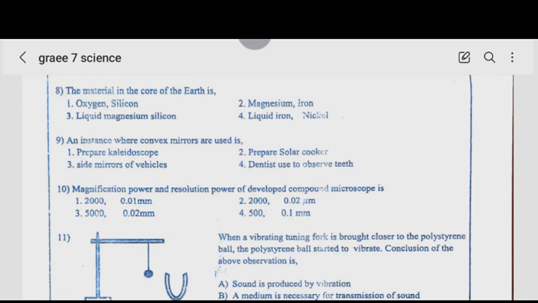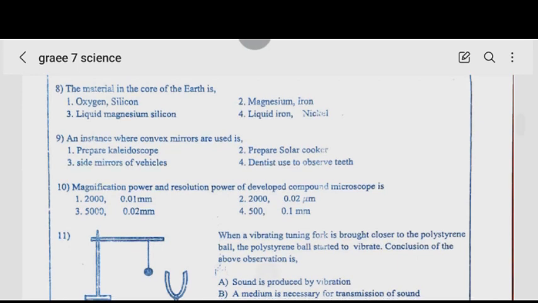So in the mantle, what is there? Oxygen, silicon, and magnesium. Good. Magnesium is also there in the mantle. Very good. So for the 8th question, the answer is number 4. Clear, children? Yes, teacher. Okay.